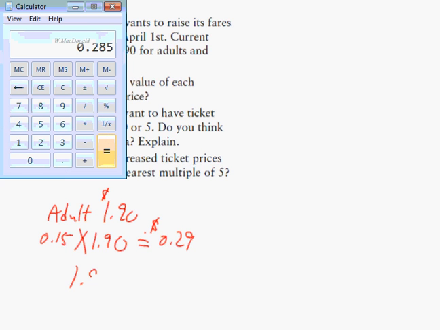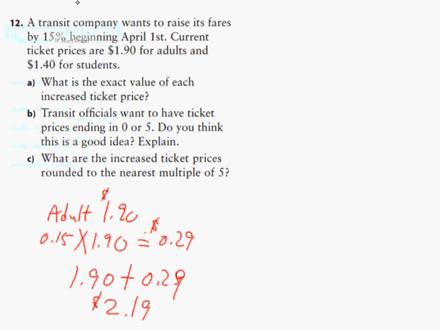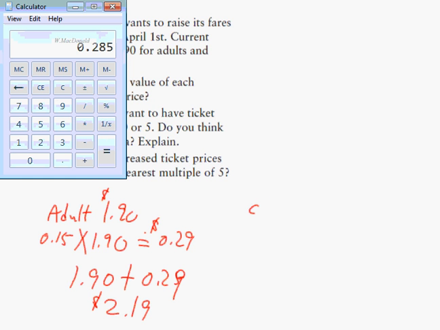So we take our old ticket price plus the new 15% rise. The new ticket price will be $2.19. For the other one, it is $1.40 regular. So the child is $1.40.